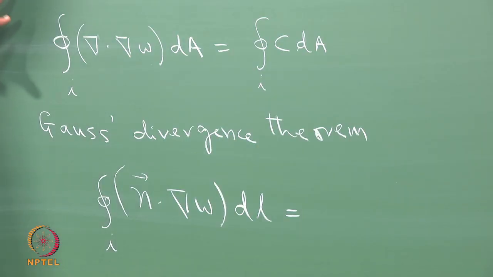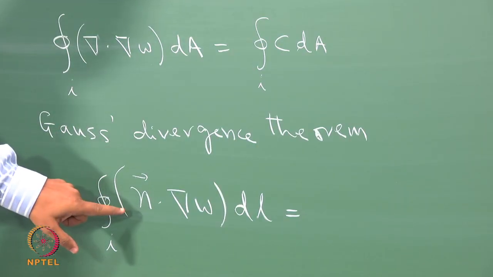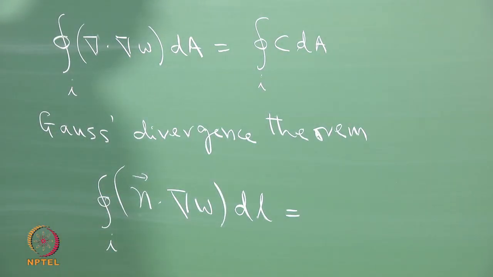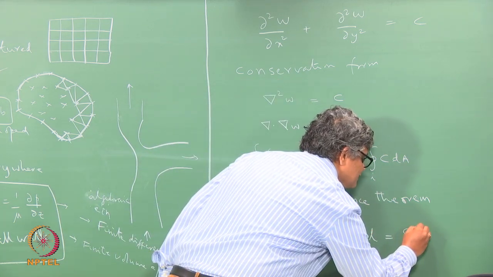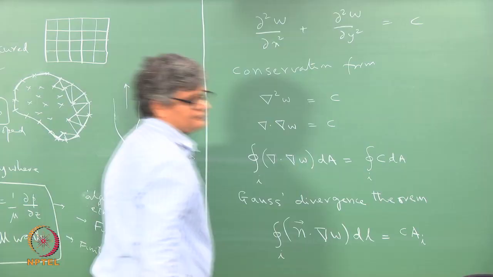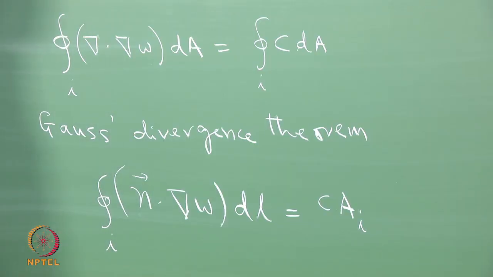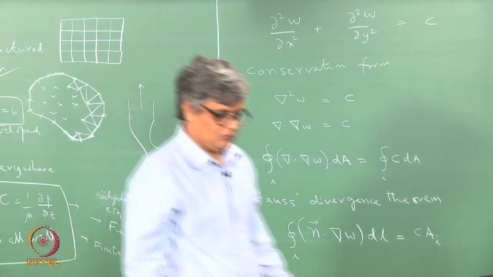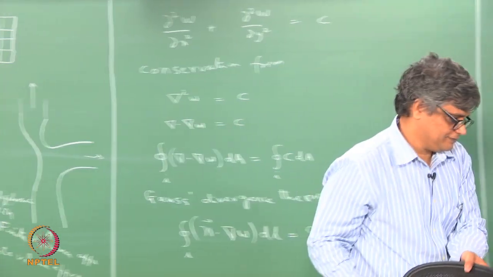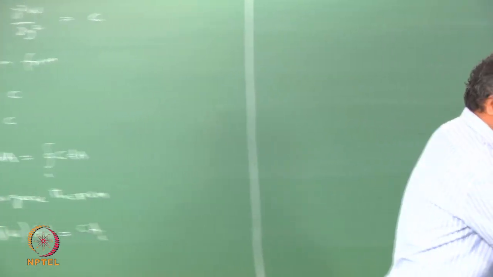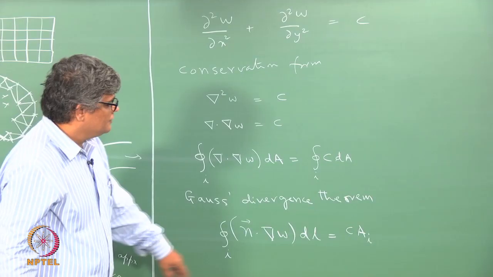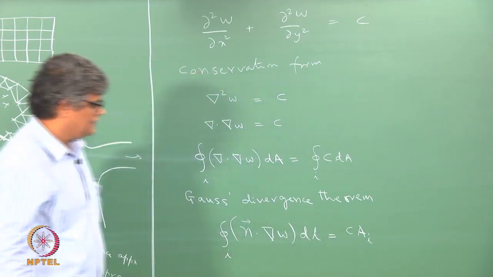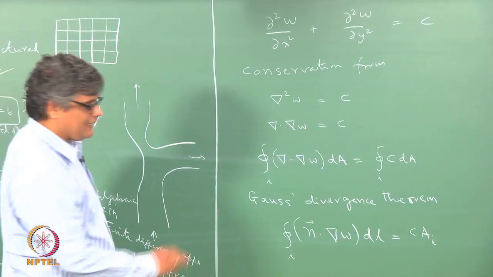So, the left hand side is written like this, where n is the normal vector and this is the gradient, and the right hand side is just the constant C times the area of the cell.